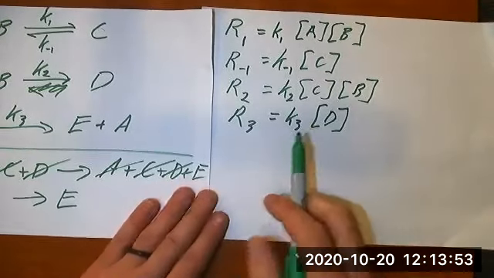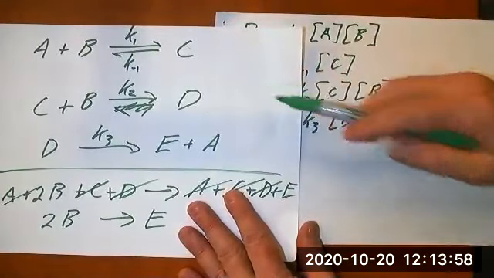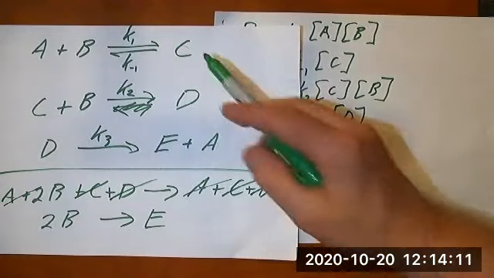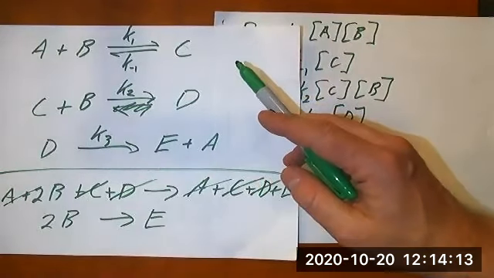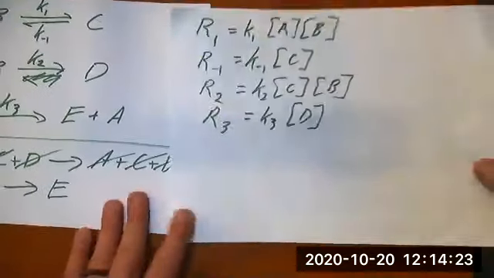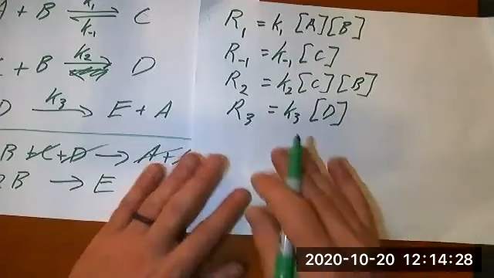Okay. All right, so now figuring out what the overall rate law would be for this, we have to make some kinds of assumptions, or we have to be told some information about it. So one of the things we might be told is to treat the intermediates as steady state. Okay, so we have C and D as intermediates. So one reasonable thing I could say would be, let's treat C and D as steady state intermediates.